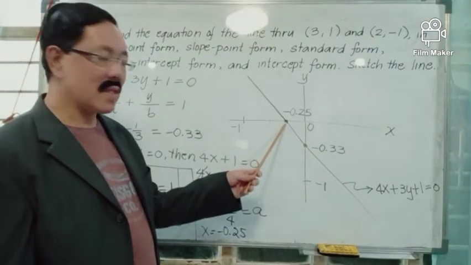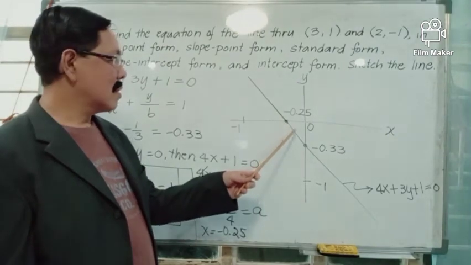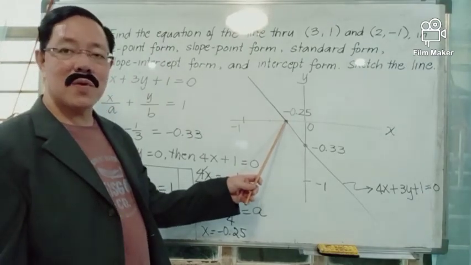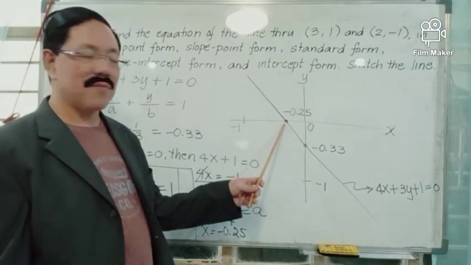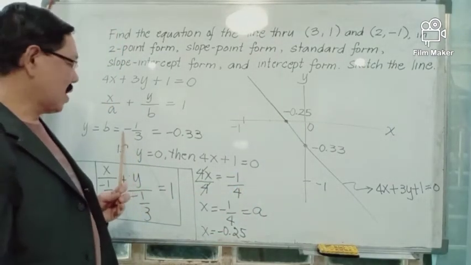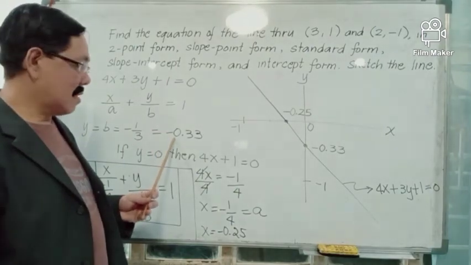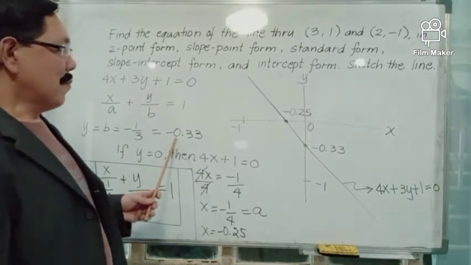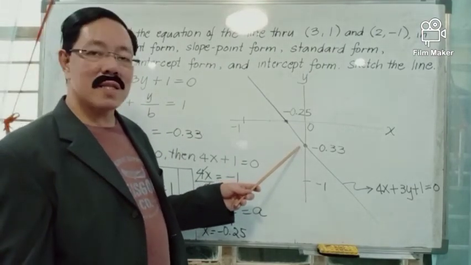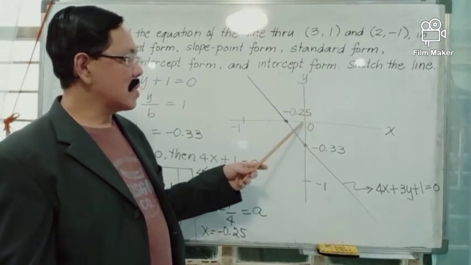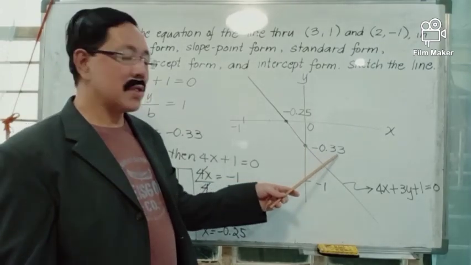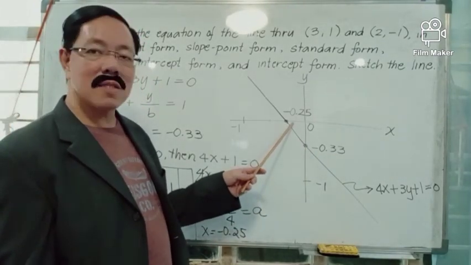We divide this into 4 equal parts, and this is 1/4, negative 1/4, or negative 0.25. And the y-intercept is negative 1/3, approximately negative 0.33. Since y is negative, we count 0.33 unit from the origin downward, and this is the point negative 0.33. This is the y-intercept, and this is the x-intercept.